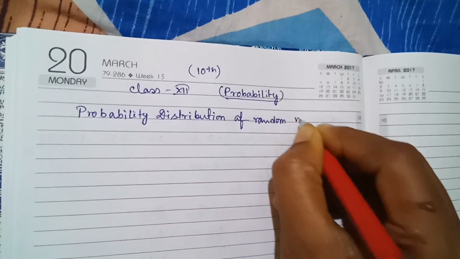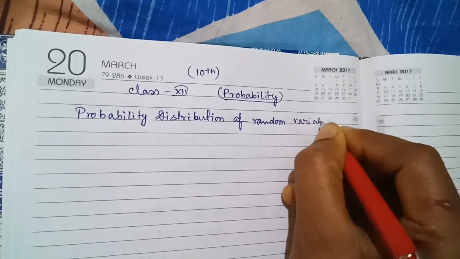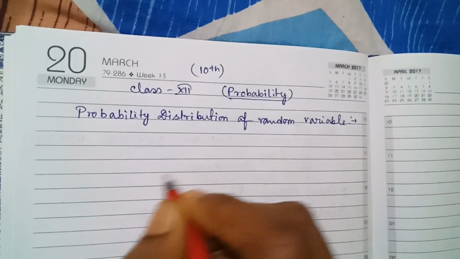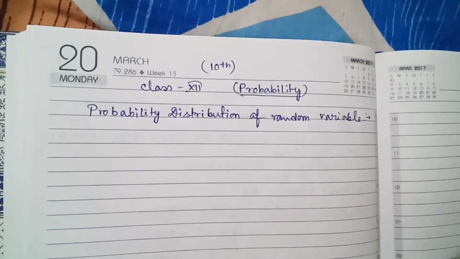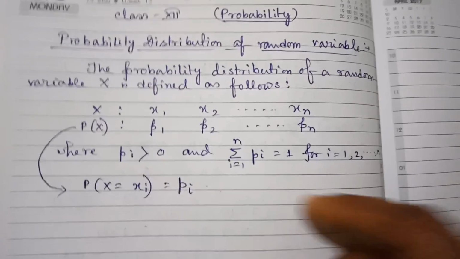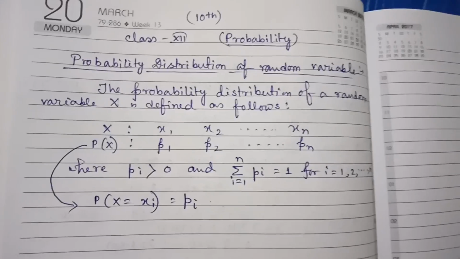So what is the probability distribution of a random variable? Look at the definition that I wrote here.